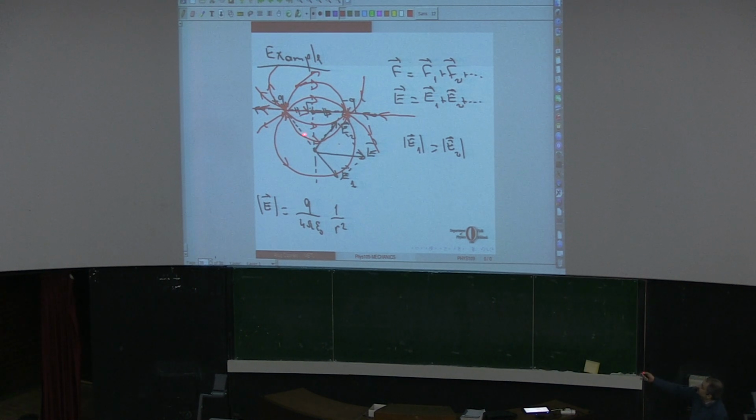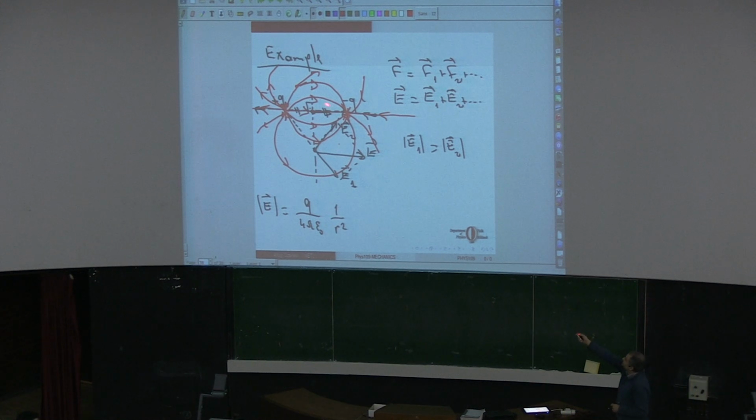So you see, the electric field lines are densest here, and those are the regions where we have a strong electric field. This one and this one. These regions are regions in which the electric field lines are not so dense, so the electric field in those regions is smaller. Any questions?